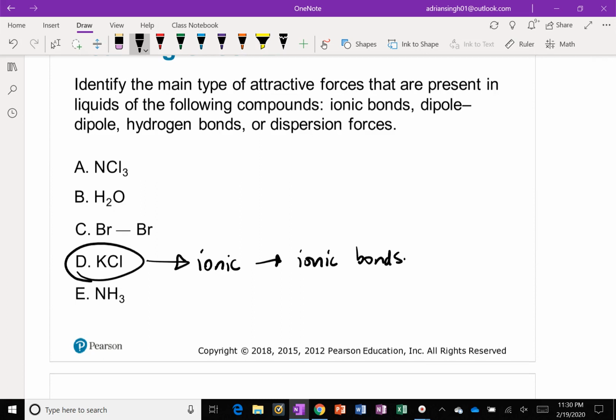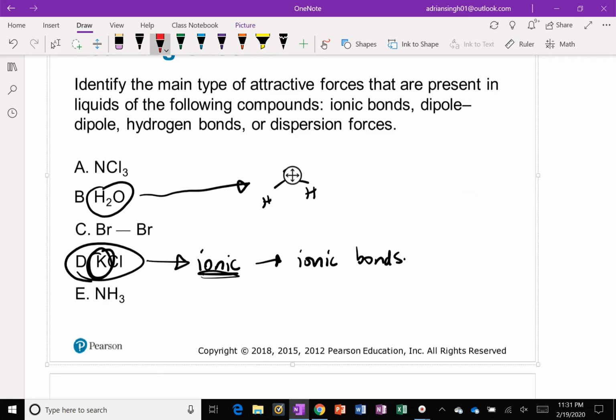That's one of the strategies we said you can use to determine whether something is ionic or covalent. If you see a metal in it, like potassium is, right away we know that it's going to be ionic. If we look at something like water, we just did water before, there's our Lewis structure, right? We have hydrogen present and it's covalently bonded to an oxygen. So hydrogen covalently bonded to the O. This means that we can have hydrogen bonding between one water molecule and another one.